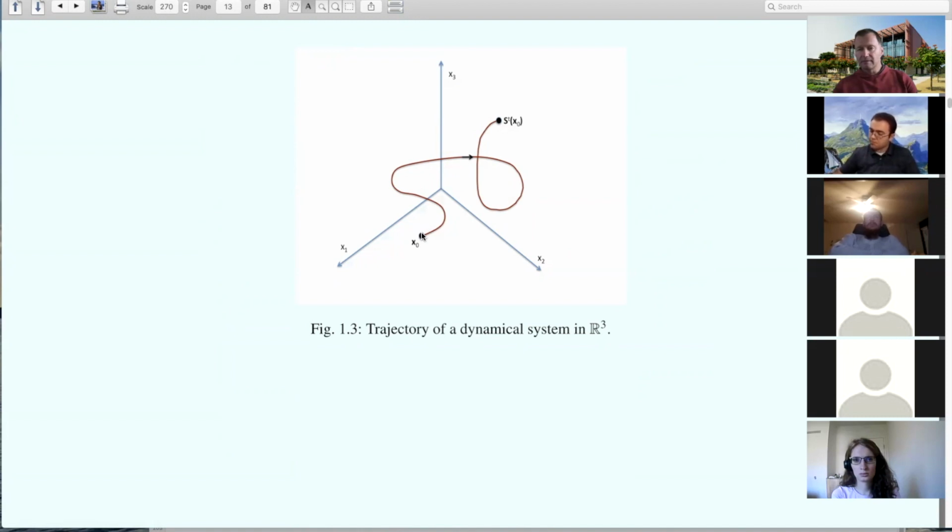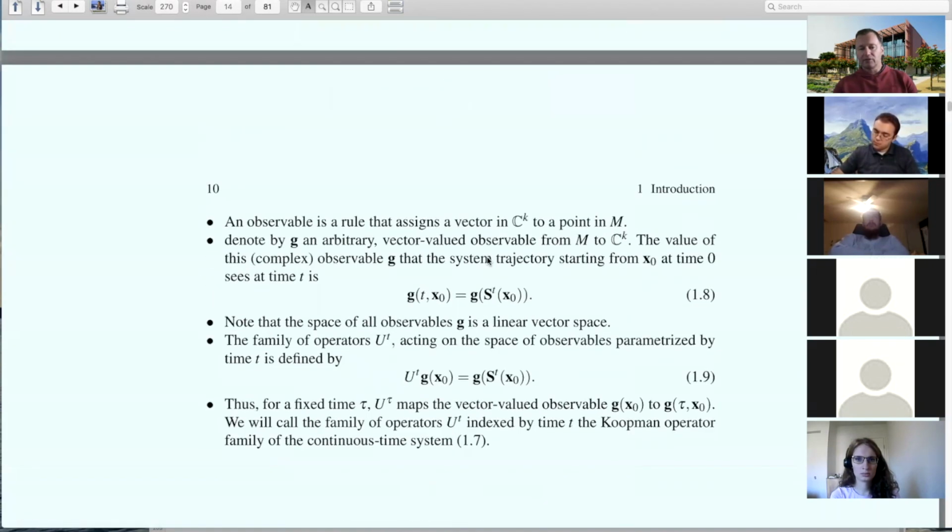So G could be a simple vector of states, but it also could be something more complex. For example, it could be x1 squared, sine of x2, and log x3.